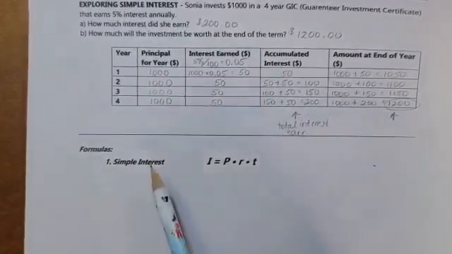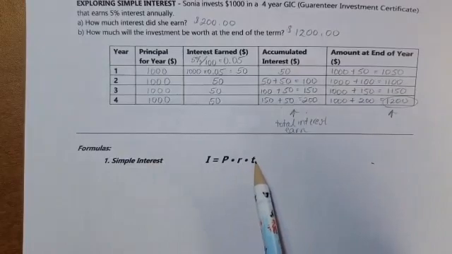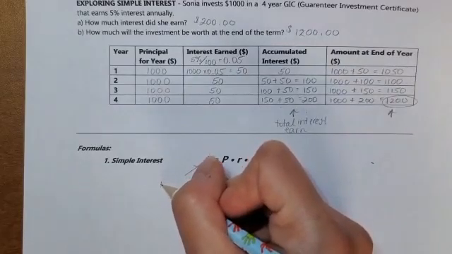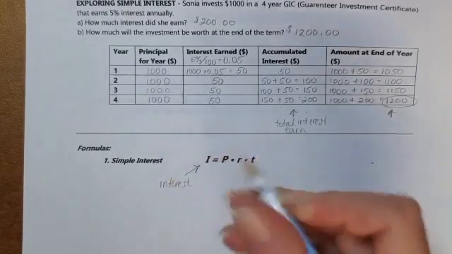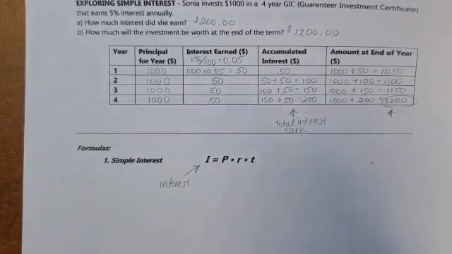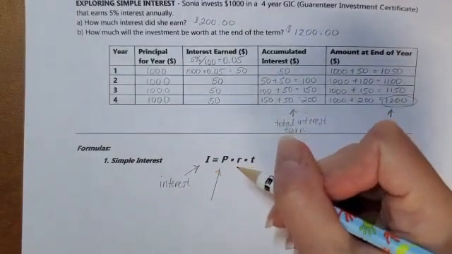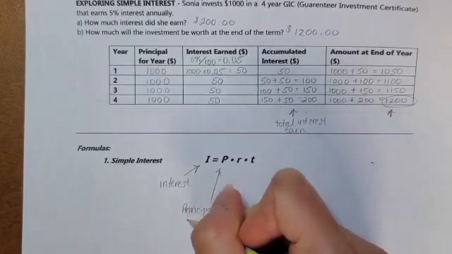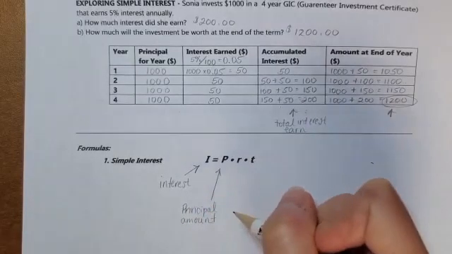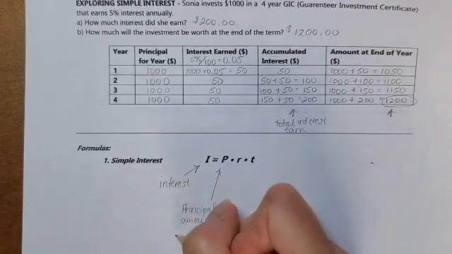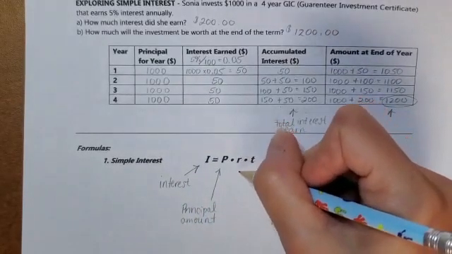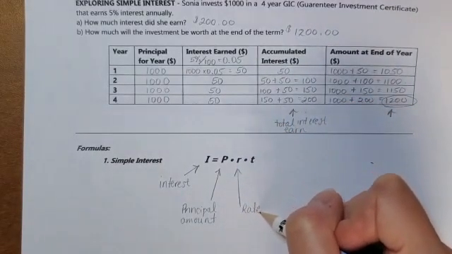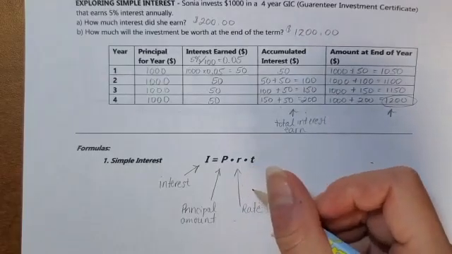To calculate our simple interest, I equals P times R times T, where I is our interest, P is the principal amount, R is our rate, so the interest rate per year.